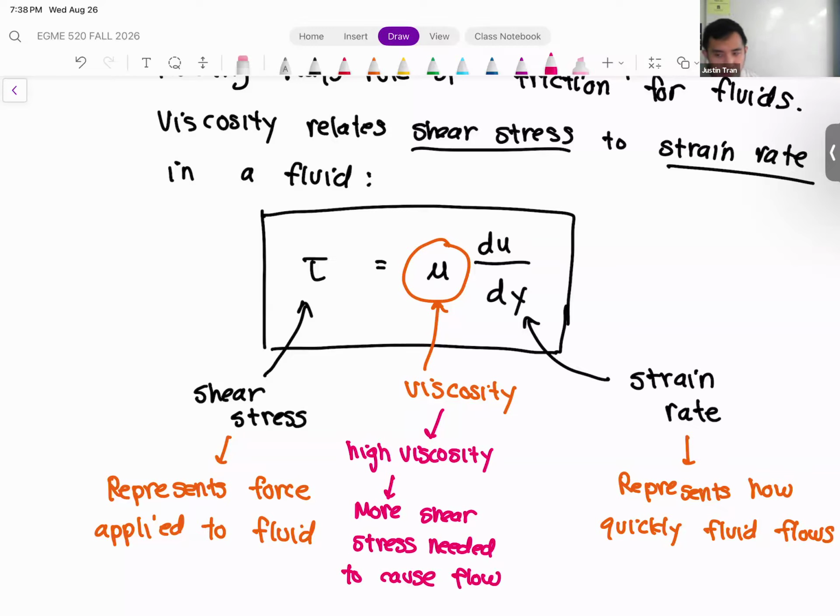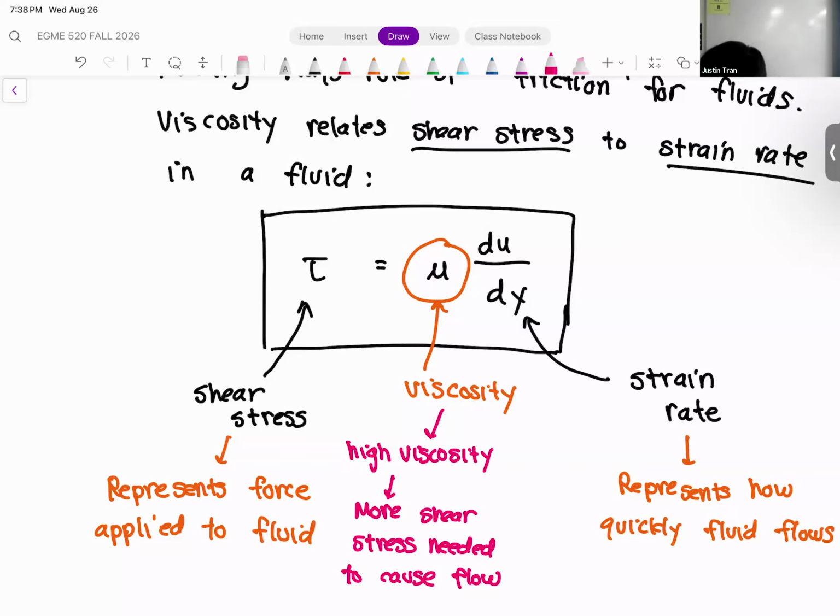And that comes straight from the equation. If your viscosity is a high number and you want a certain amount of fluid flow or strain rate, that means your shear stress also needs to be high, because a high viscosity multiplied by a strain rate gives a higher shear stress.